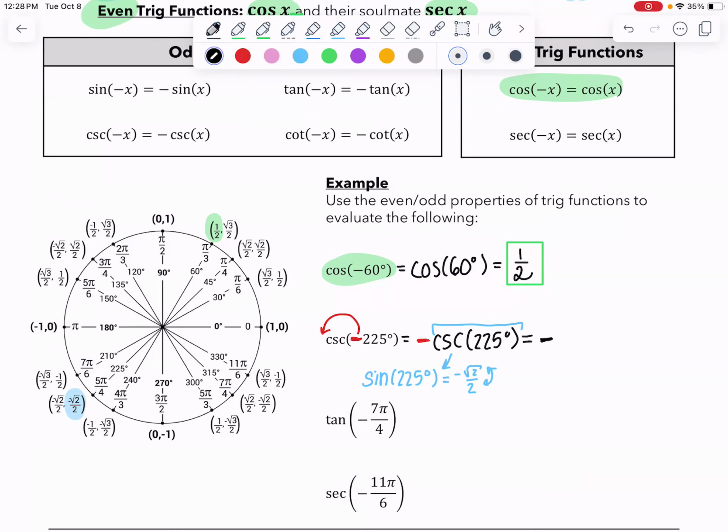So that negative that's out front stays out front. Then I do the flipsy-flu, so this will be negative 2 over square root 2 because it's cosecant, not sine. And now we have 2 negatives, so that becomes a positive 2 over square root 2.